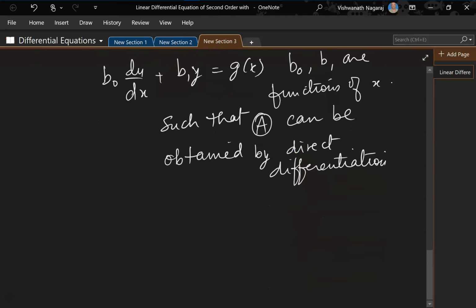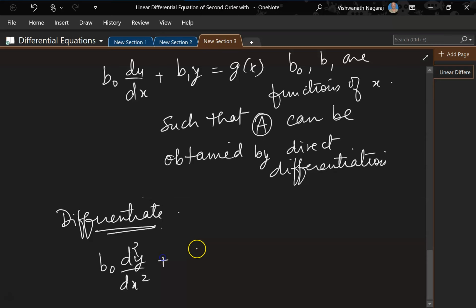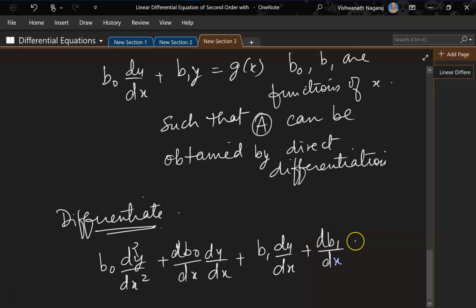Now let's differentiate this. When we differentiate, what do we get? b0 d2y/dx² plus db0/dx dy/dx plus b1 dy/dx plus db1/dx y is equal to g'(x).